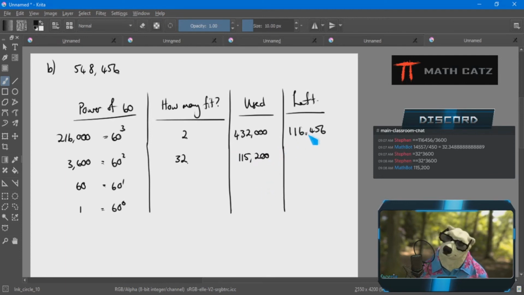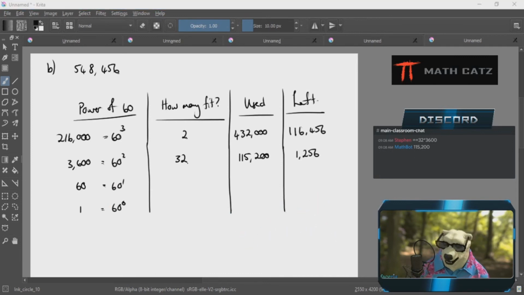Which is not all of what I had. Maybe I'm confident. I can do the subtraction. 1,256. Maybe I want to verify with a calculator. Totally up to you. Then I want to see how many 60s can fit into what's left. Maybe you want to do it in your head. Maybe you don't. That's totally up to you. Just be confident in what you're doing. 1,256 divided by 60.